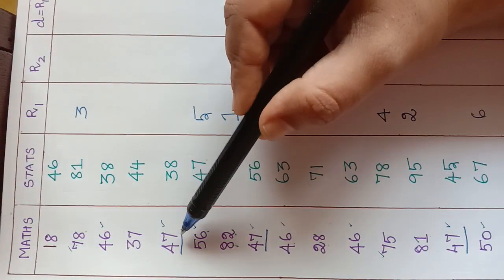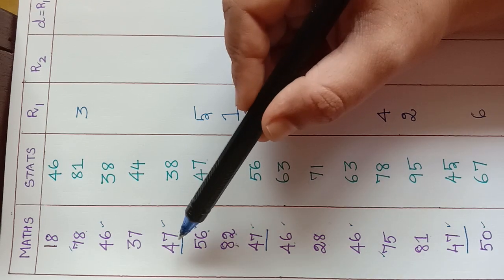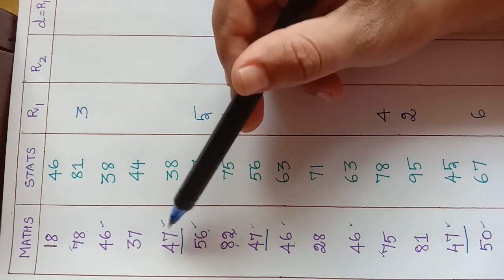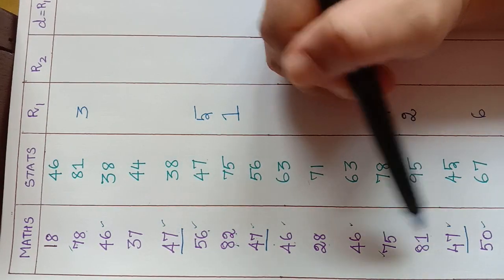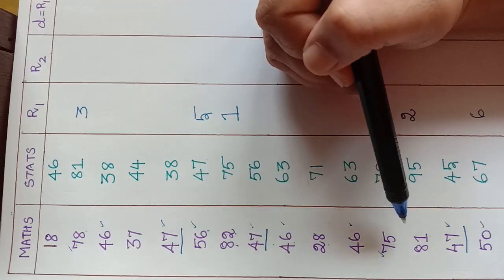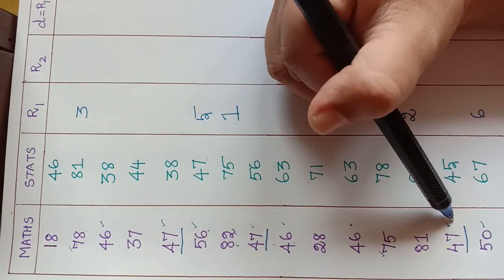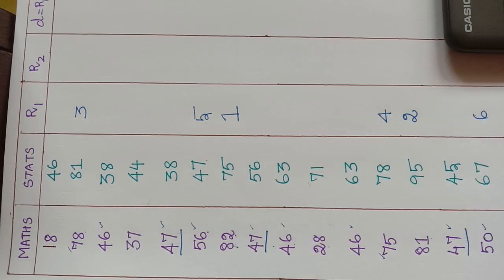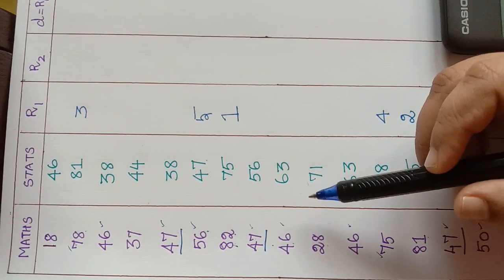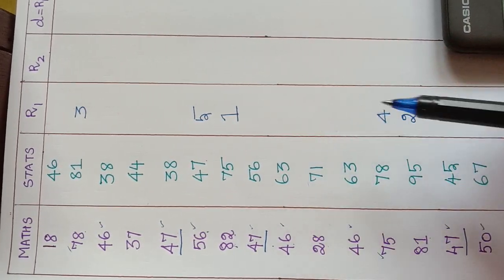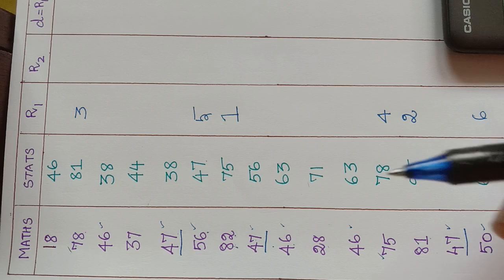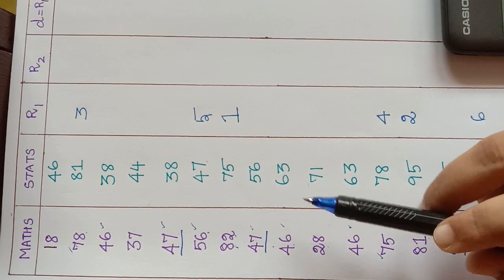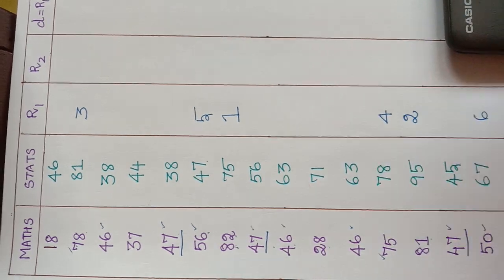Now the next number will get rank 7, but there are 3 marks repeated which can obtain the 7th rank. So these 3 have to be ranked. Because 3 numbers are repeated, the next 3 ranks after 6 are 7, 8 and 9. Now we have to take the average of 7, 8 and 9.